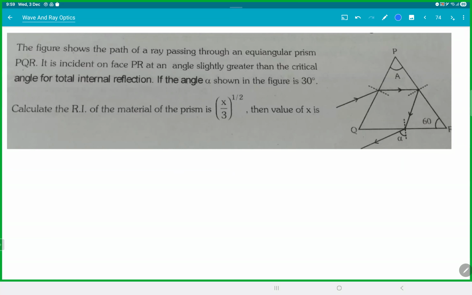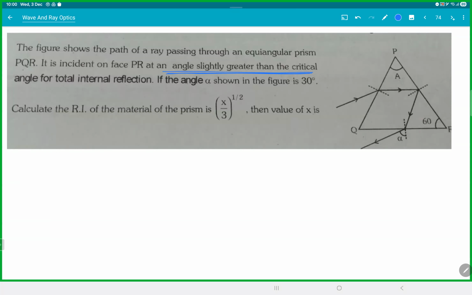We'll be only doing till basic prisms and the other stuff. So light ray is entering PQ. What angle, we don't know. It hits PR at an angle slightly greater than the critical angle. The word is that. So basically it behaves like a mirror, it hits QR and comes back with alpha. Alpha is 30 degrees. He's asking to find the refractive index of the prism.